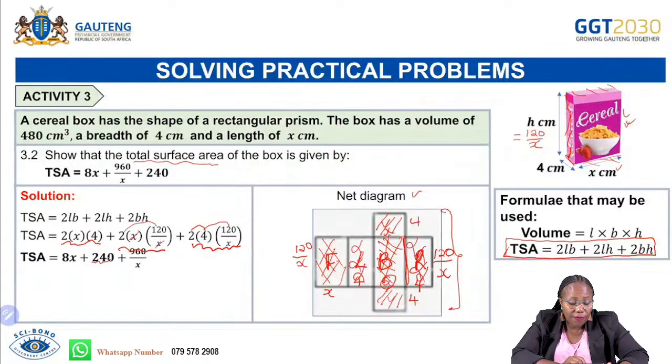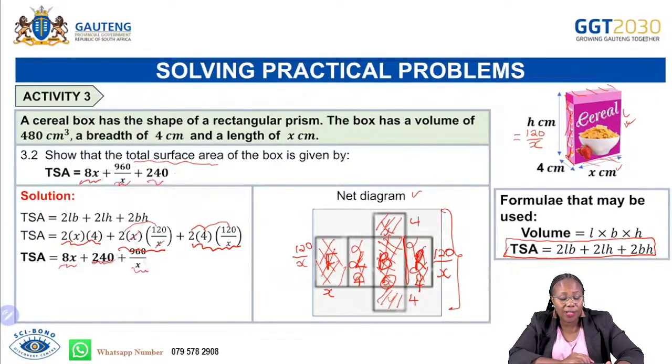And then grade 12, if you compare this to the given total surface area, that is true: 8x, 960 over x, plus 240. That is exactly the same total surface area for our given box there.